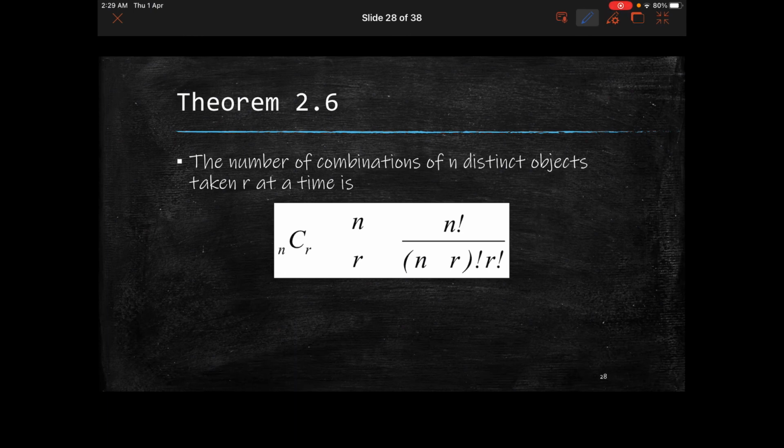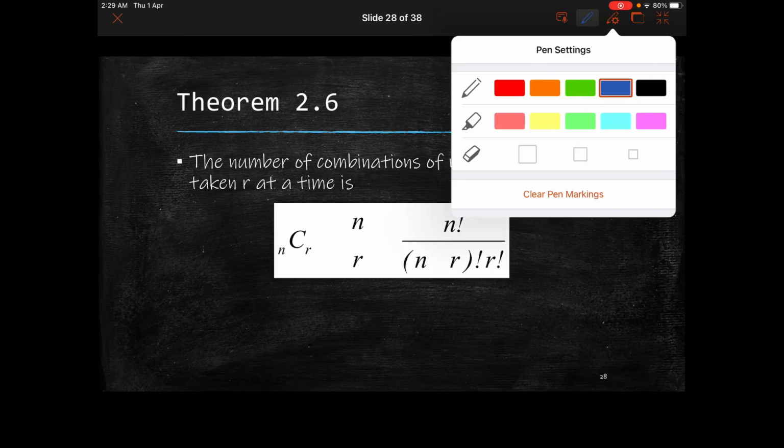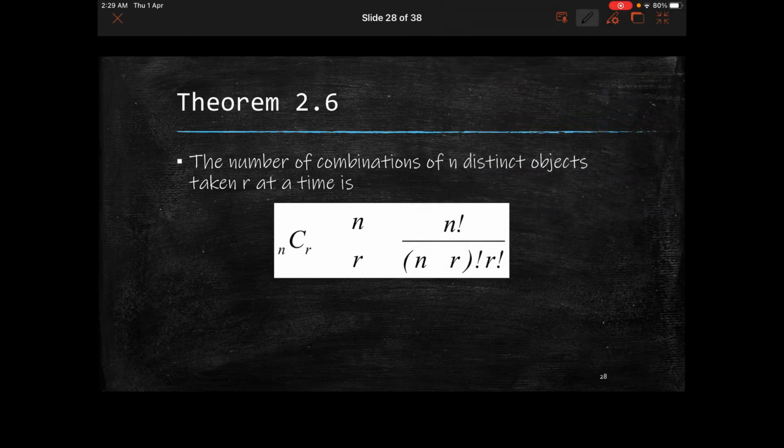The number of combination of n distinct objects taken r at a time is nCr, which is equals to n factorial over n minus r factorial times r factorial.